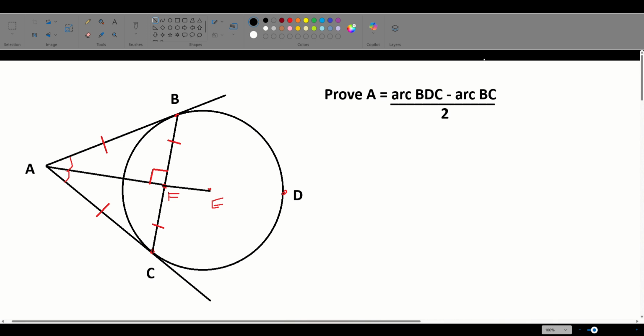It forms a linear pair because it is collinear. We have established that, so this is perpendicular. Now let us draw the segments BE and CE. Note that BE and CE are congruent because they are both radii.